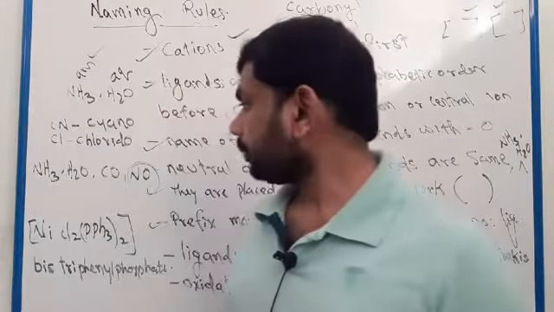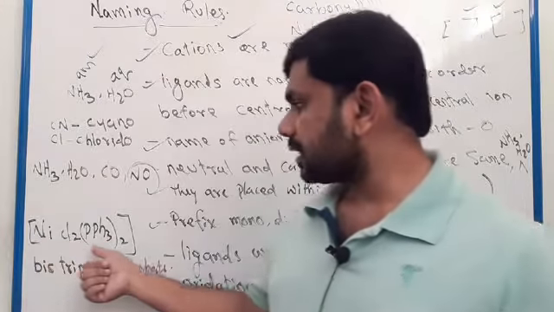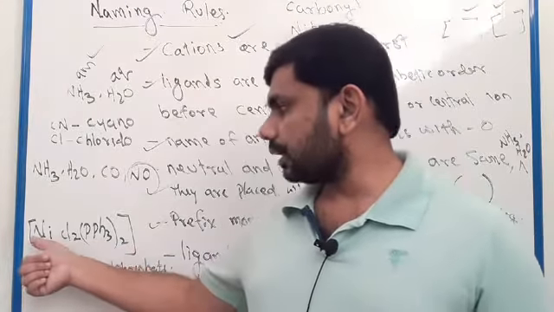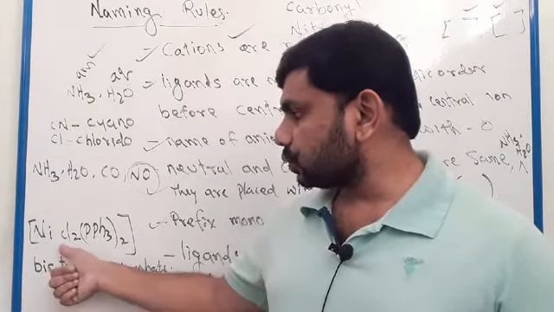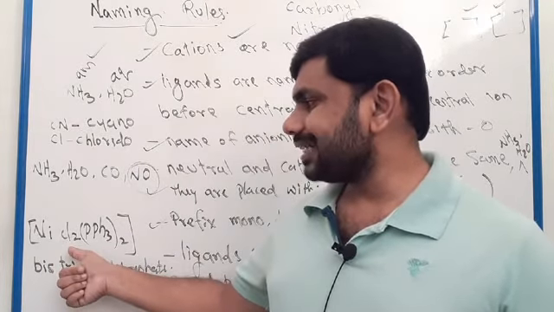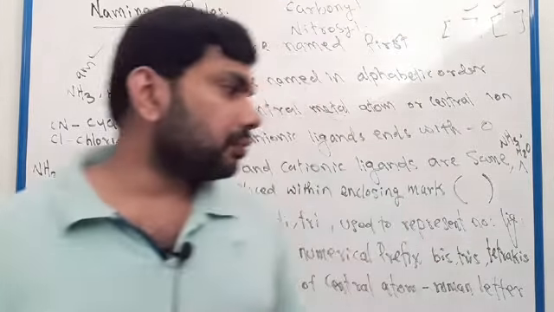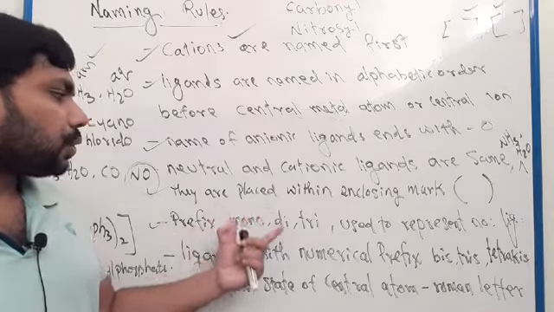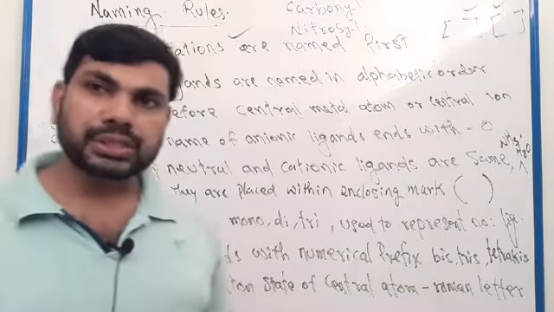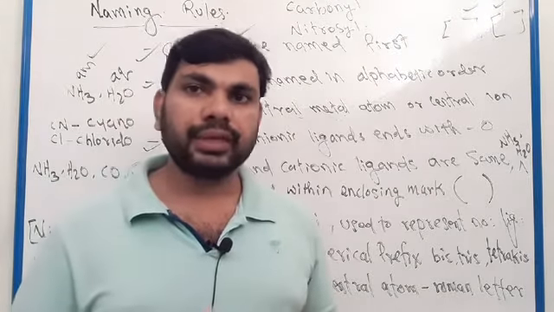Clear? So see here, this is one coordination compound. Here there are two ligands, so you can use di. So here you have to remember the prefixes mono, di, tetra are used to represent the number of ligands.